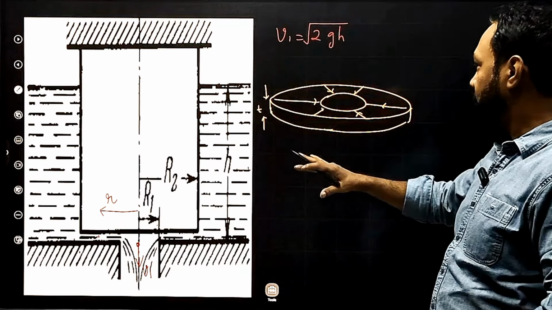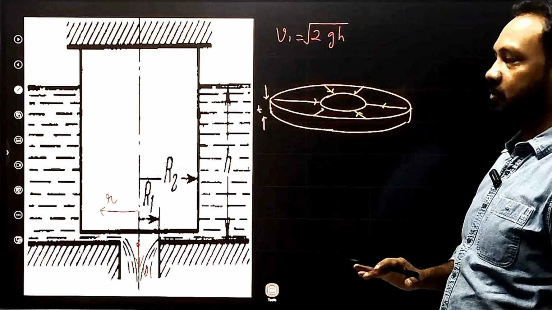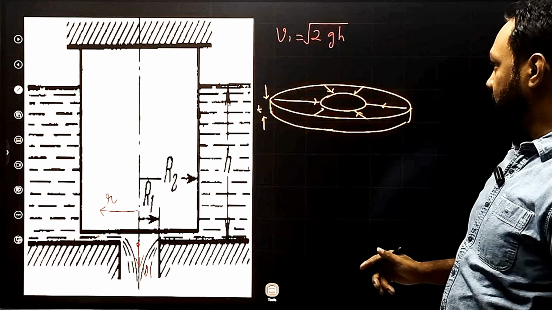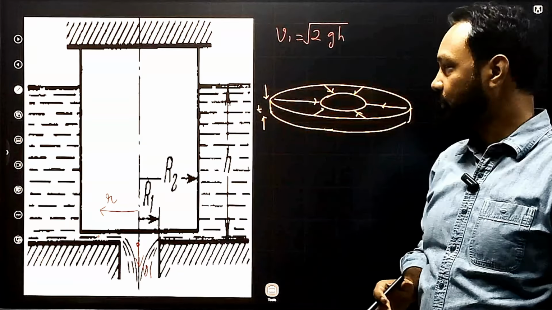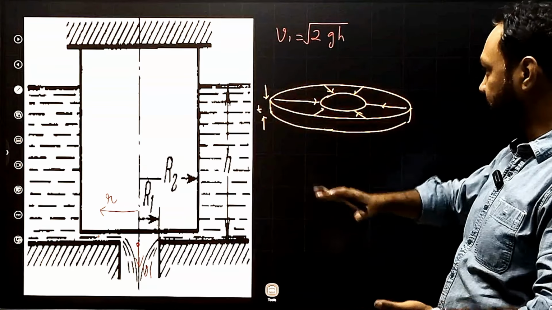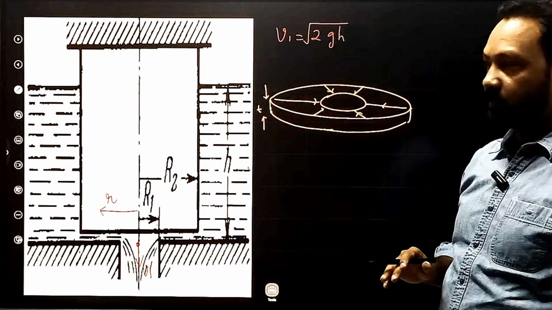So now I want to draw the top view of this diagram. And when I draw the top view, this t will not come. That will be just coincided with the upper top and the lower top.